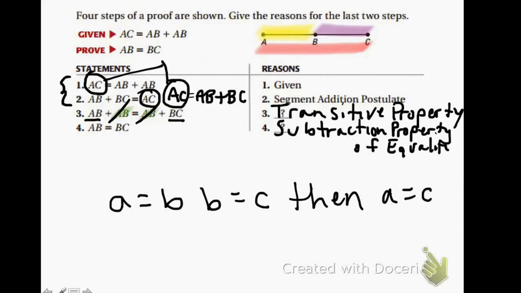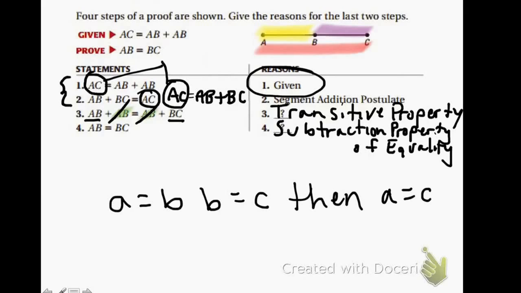All right. So there you go, guys. We've done our first two proofs. We've actually proved something in geometry now. So just to recap really quickly, we always start with the given information, right? Always start with the given information. And we look at the given information along with the picture and start to think about what we know has to be true because of the way the picture is drawn, the facts that we know about segments or angles, or anything that has to do with what's going on in the picture.